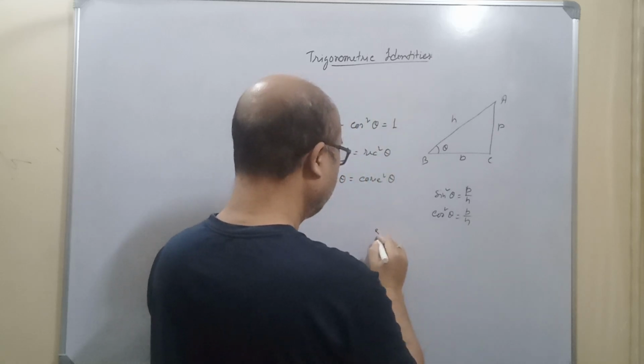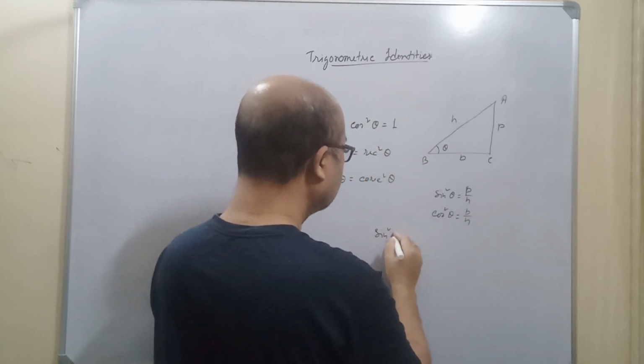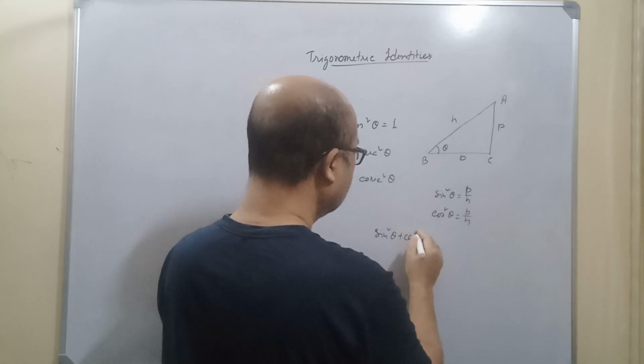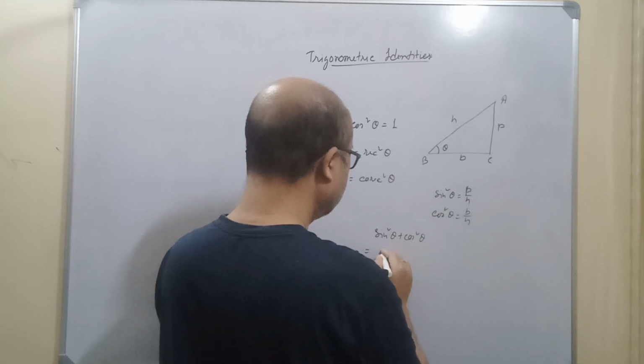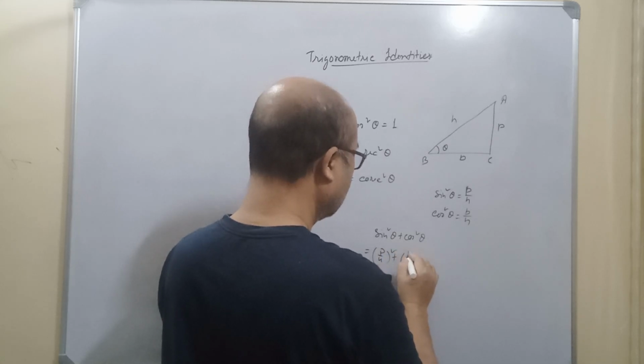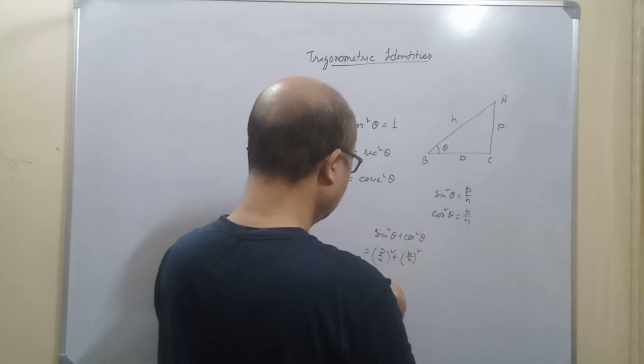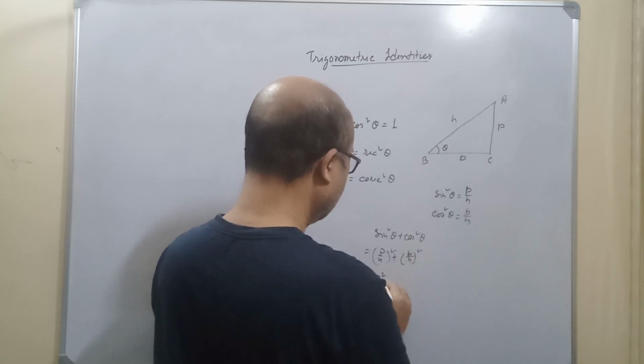So sin²θ plus cos²θ, this is equal to p by h whole square plus b by h whole square. This is p square by h square.